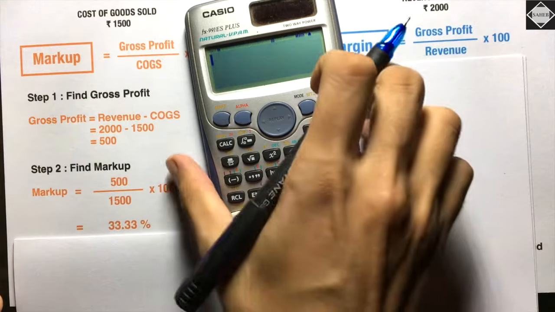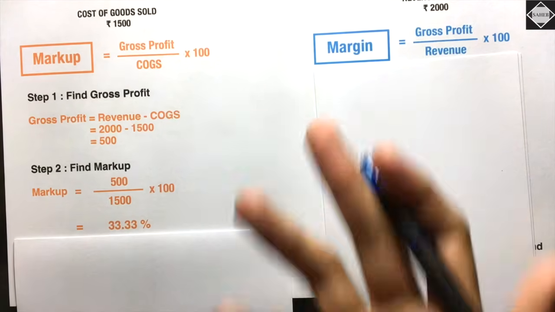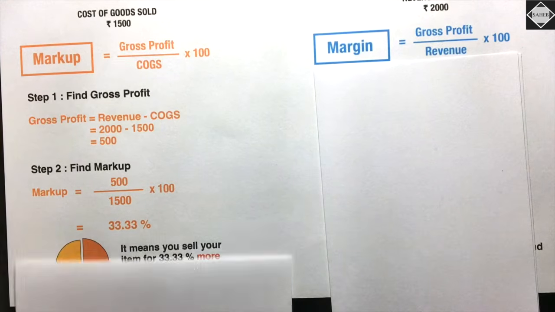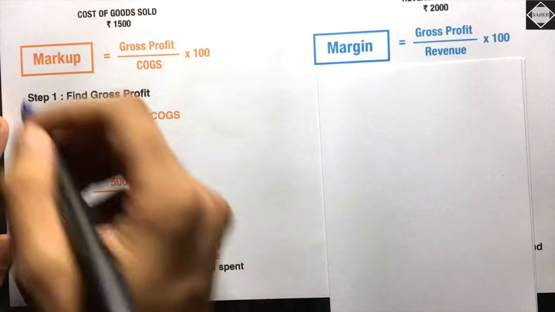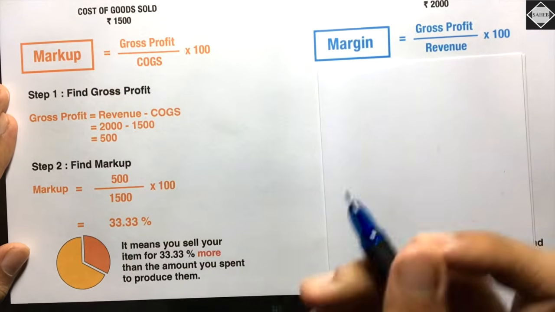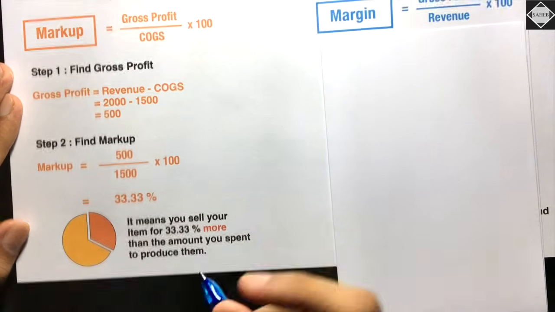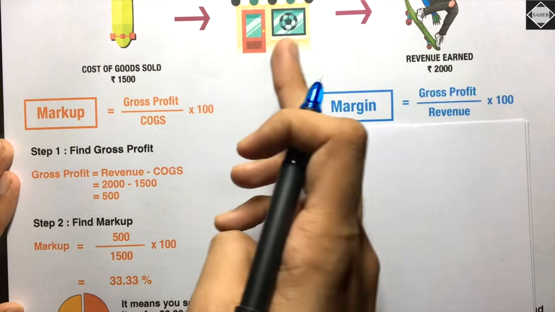Simple and straightforward. The second thing is the interpretation. What is the idea you get in your mind by seeing this 33.33%? What's the interpretation? What is the benefit of calculating this? The idea in your mind should be that markup is 33.33%. It means you sell your skateboard for 33.33% more.